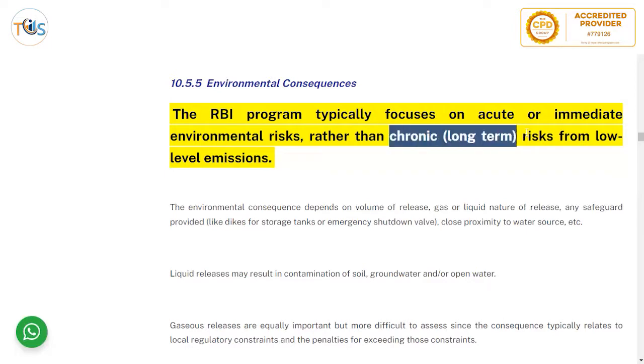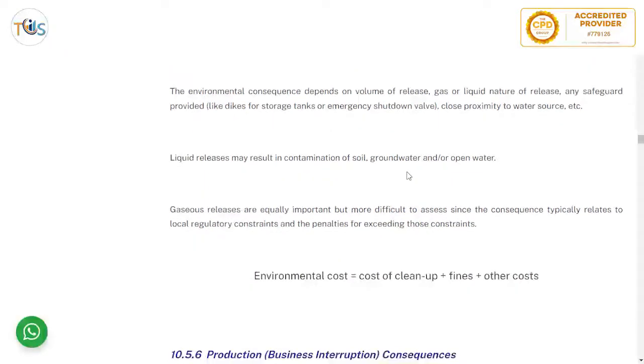So the companies are not bothered about that because it is unlikely that they will be punished for a long-term risk, unfortunately, and hence the RBI focuses on immediate environmental risk.